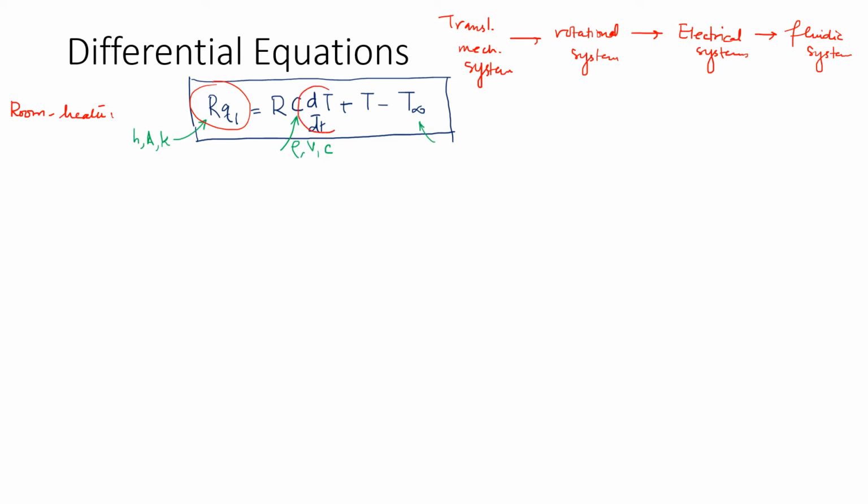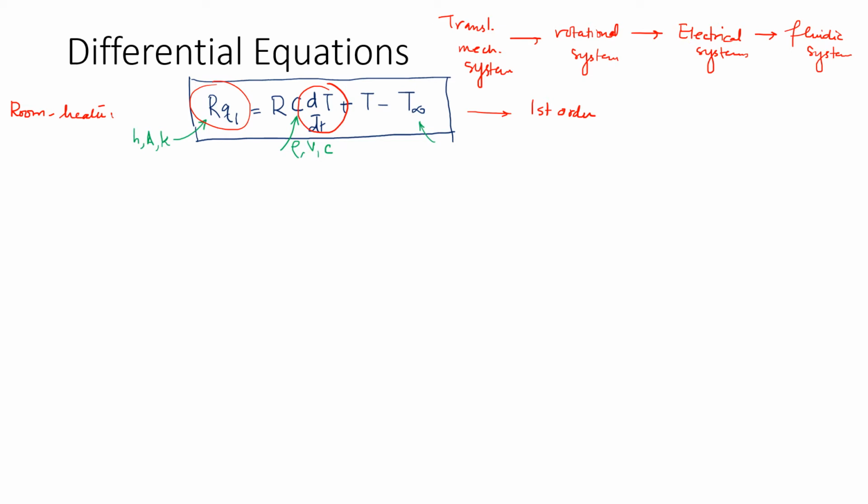So this time rate of change of temperature was important, and how it is getting transferred out of the room as well. So you can see that this is a first order differential equation. And that order is defined by observing the highest order term of the time derivative involved in there.